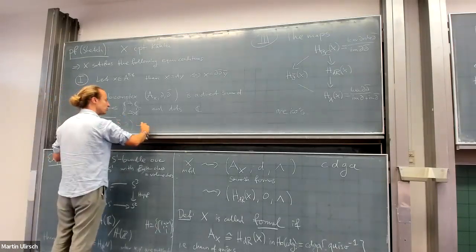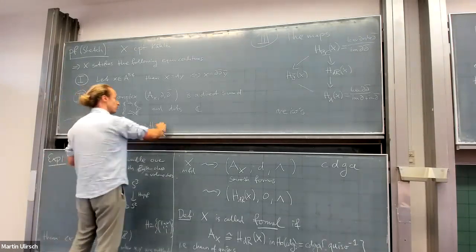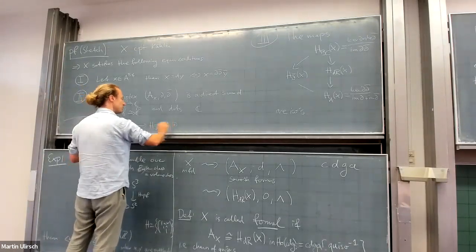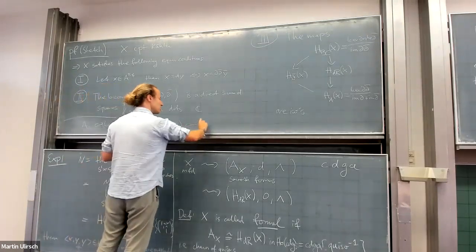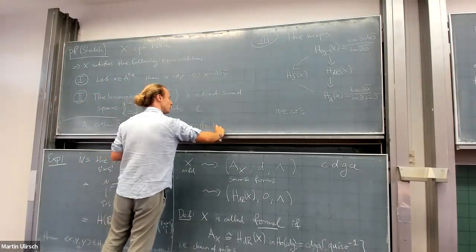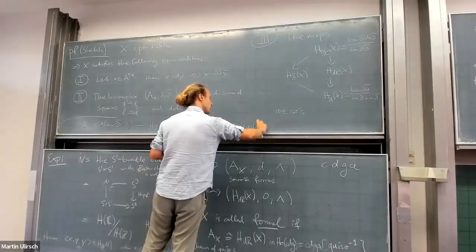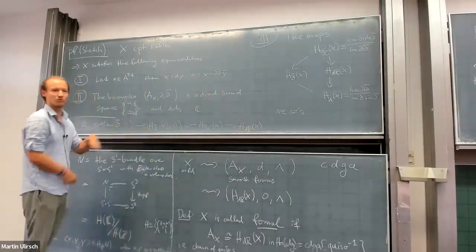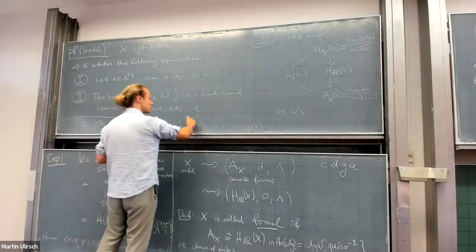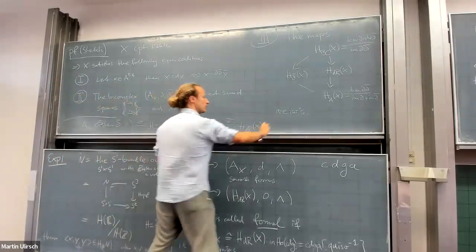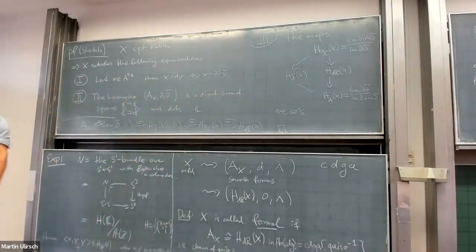Then we can go to the Dolbeault cohomology of X by just projecting, and equip this with zero differential. Then this receives a map from the Bott-Chern cohomology, and this goes to the de Rham cohomology of X. And all of these maps are quasi-isomorphisms, sorry, these ones are isos. Okay, and that's the proof of formality.